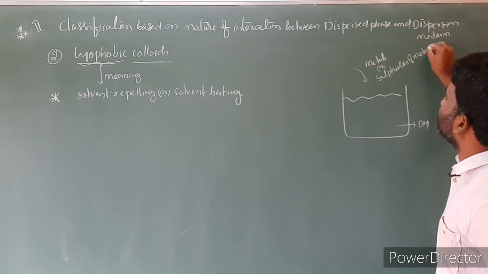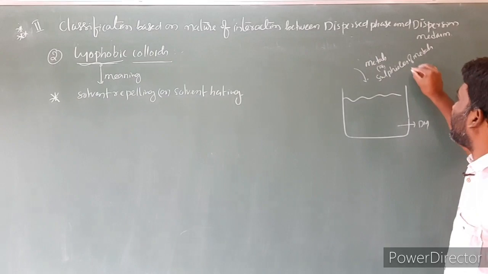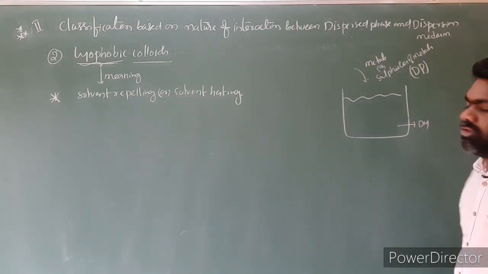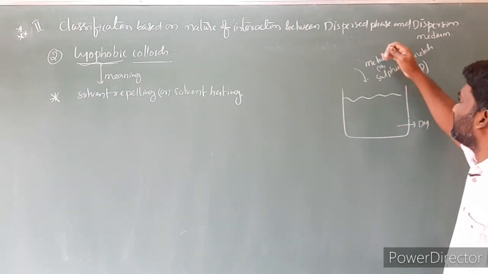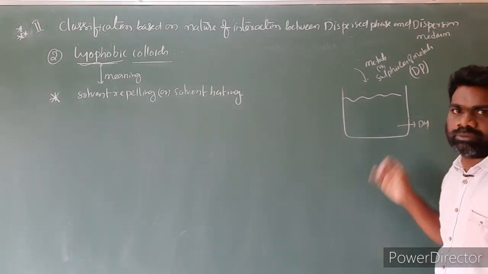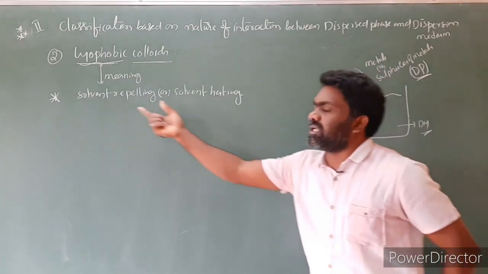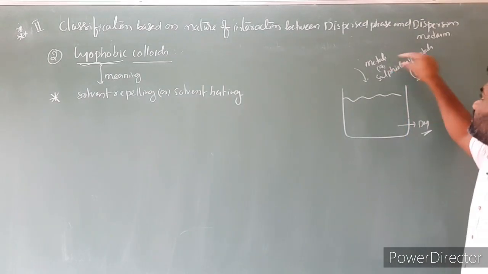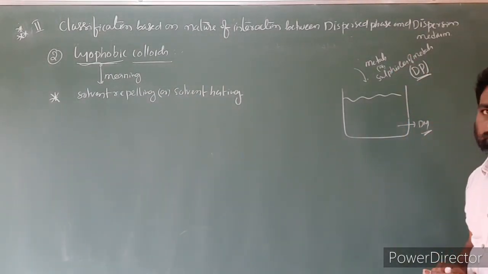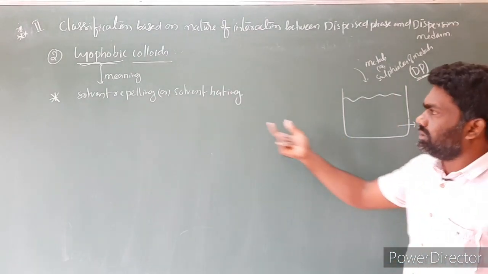Whenever these metals and their sulfides are added to the dispersion medium, a repulsion happens between the dispersed phase and the dispersion medium. Otherwise, the solvent will hate this dispersed phase.